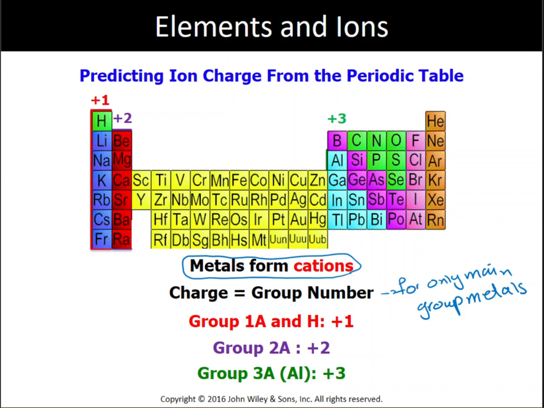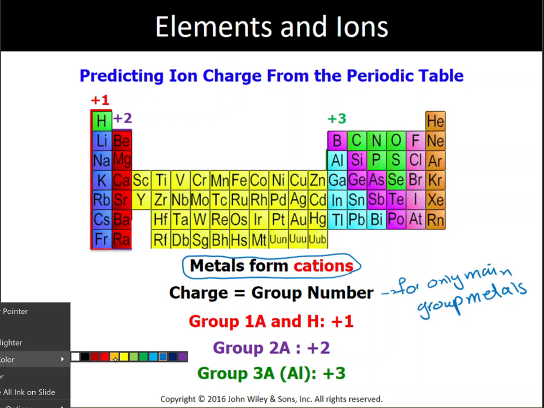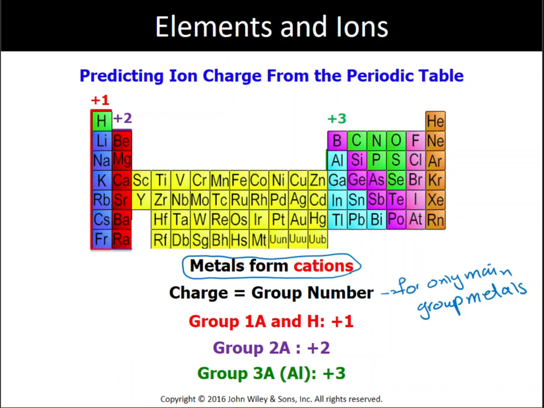Group 2A, 2 positive. Group 3A, aluminum is positive 3. The rest of the metals, which are gallium, indium, and thallium, can have a positive 3 charge, but they can also have other charges too. So these fixed charges for main group metals, memorize them.